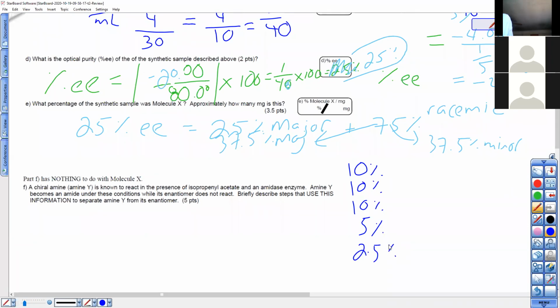Remember, the total is 750. 75 is 10%. 225 for those two. What's half of 375? 187.5. What's half of that? 93.75. What? Is that right? It is.